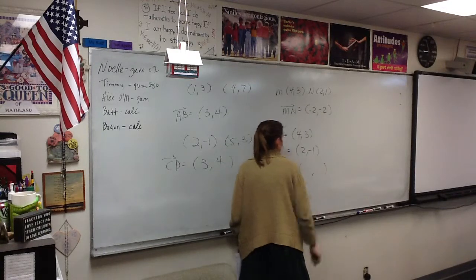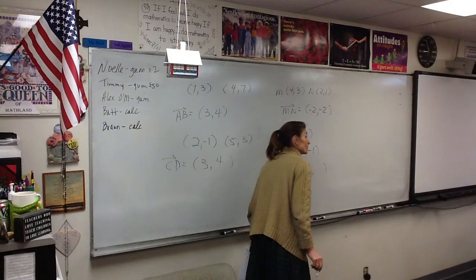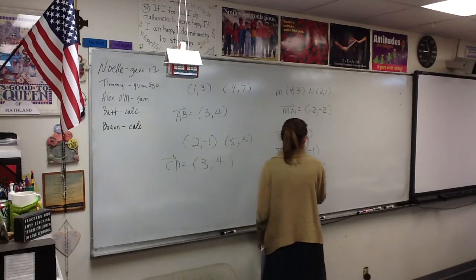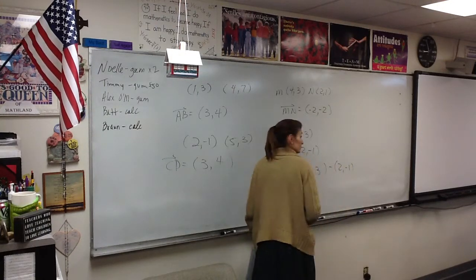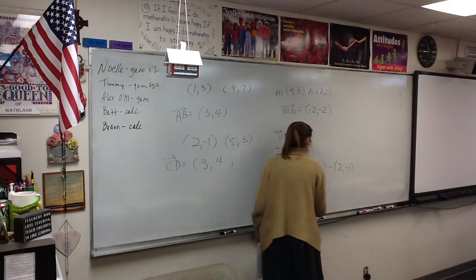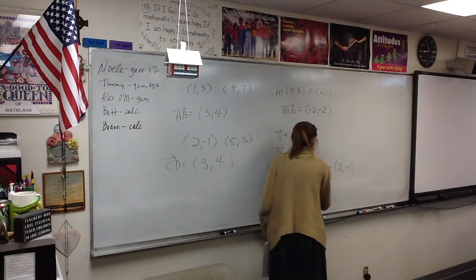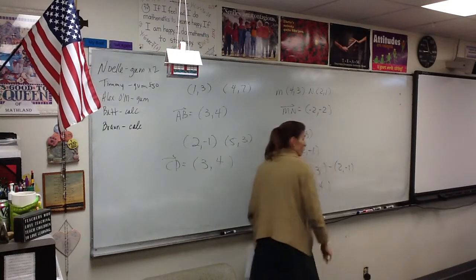Kieran? We're taking 4, 3 minus 2, -1. Yep. So 4 minus 2, and 3 minus -1.